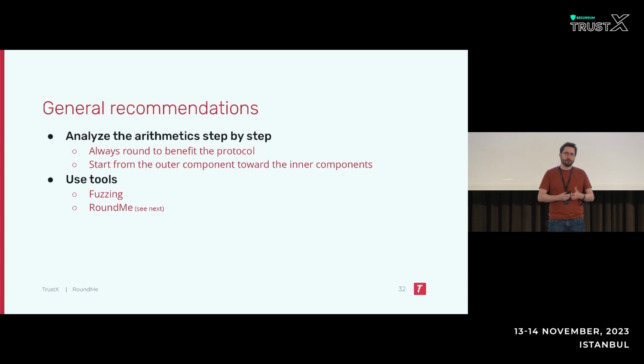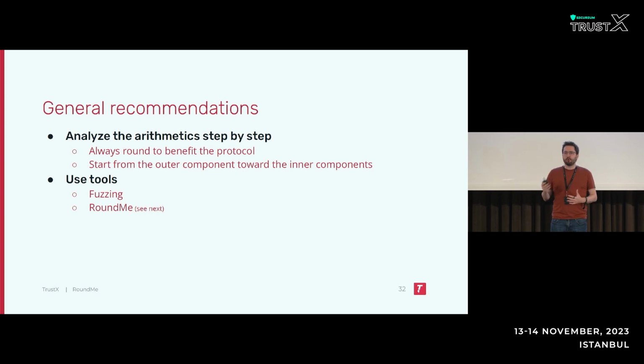So basically, to analyze this type of situation, you need to go step by step through every operation and apply the rounding toward being beneficial for the protocol. You should really avoid any situation where the rounding is going to be beneficial to the user. You can start from the outer component of the expression and then go step by step into the inner components.